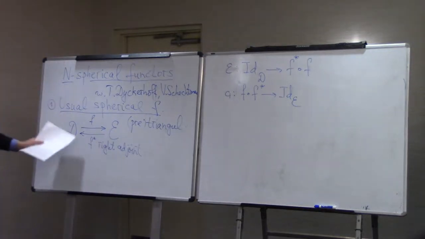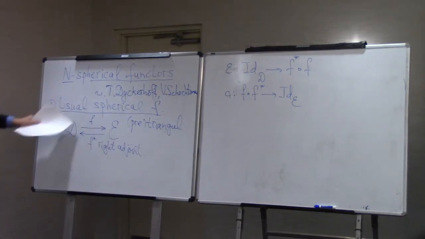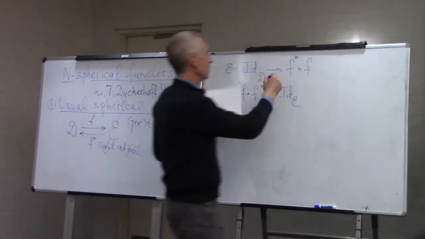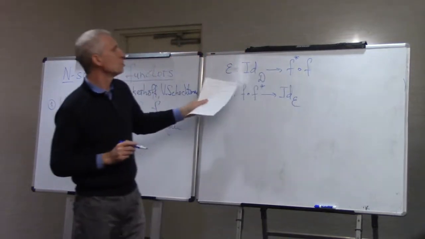Since we assume that there is a pre-triangulated enhancement, we form the cones of those as new functors.